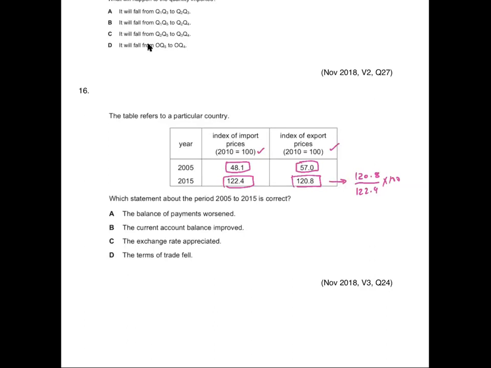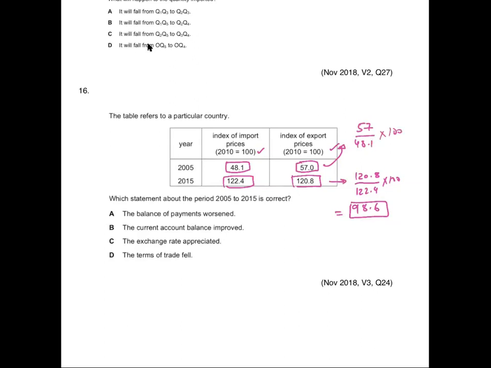So your terms of trade will become, looking first at 2015, 120.8 divided by 122.4, which is going to be 98.6, right? But there's one more thing. In 2005, the terms of trade will be 57 over 48.1 times 100.